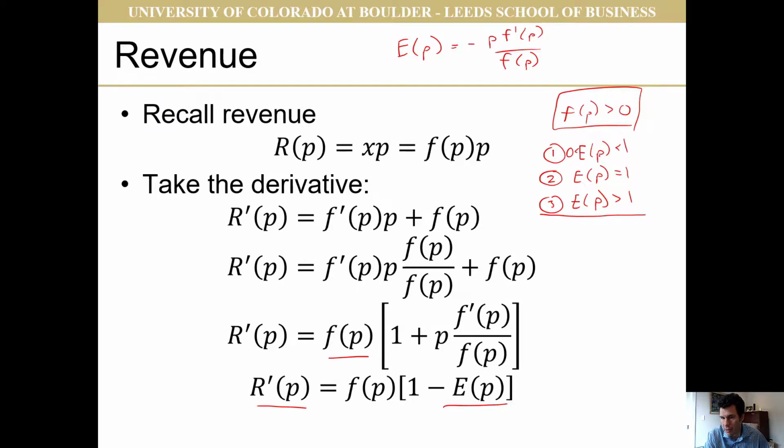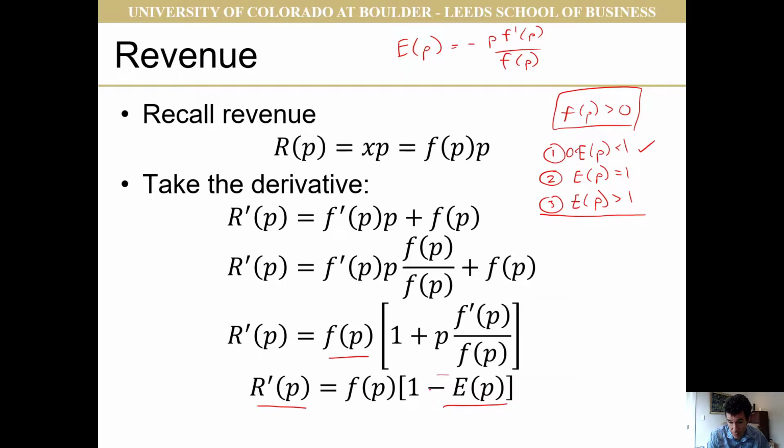Okay, let's look at this first case. 0 is less than E of P is less than 1. If we go back down to the revenue equation, we see that this quantity, 1 minus E of P, is positive. So what does that mean? That means that if prices go up, revenues go up. So that's the first case. Second case, E of P equals 1.